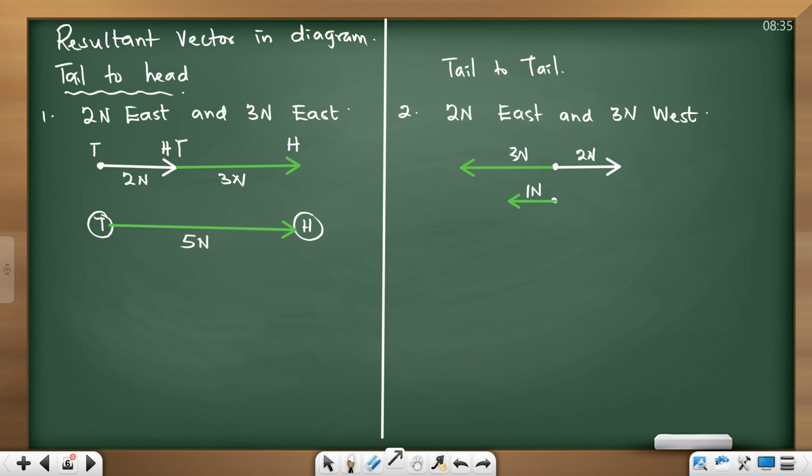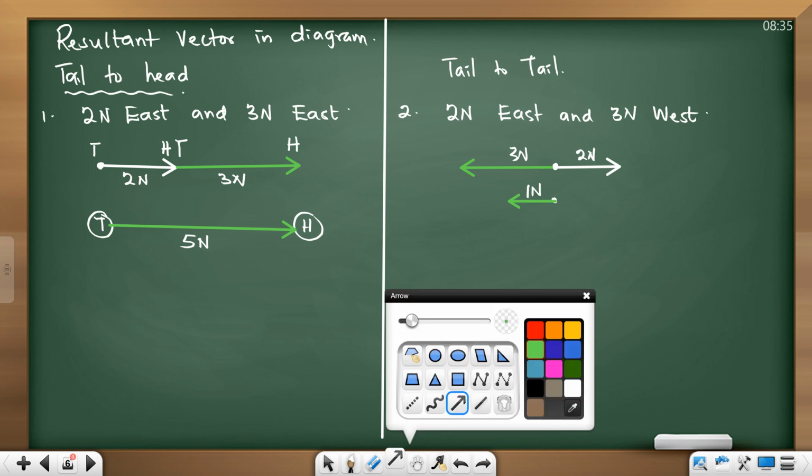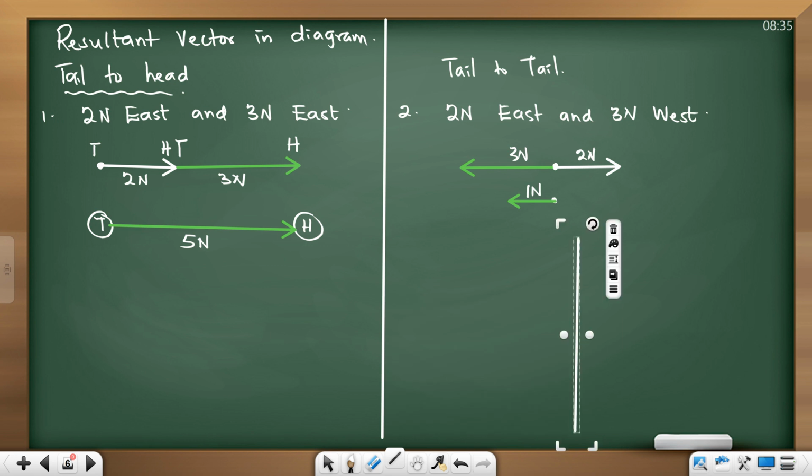So, let's check something quickly. Elena decides to choose east as positive. What will my F resultant be? Which one is east? 2, right? So F1 plus F2.